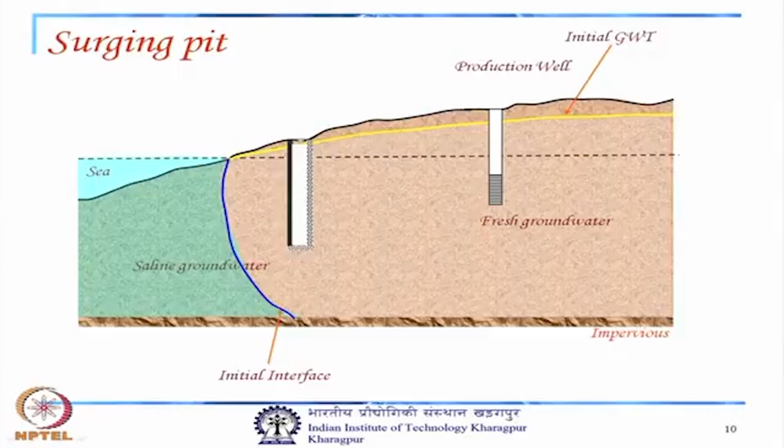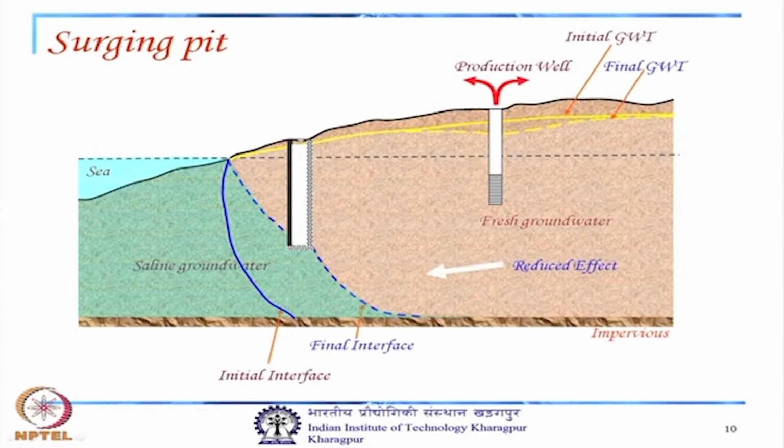So, with high velocity, if we pass the water, then the saline water intrusion effect can be reduced. This is the production well, and there will be reduced effect. So, this is basically one kind of recharge effect and impermeable boundary effect.